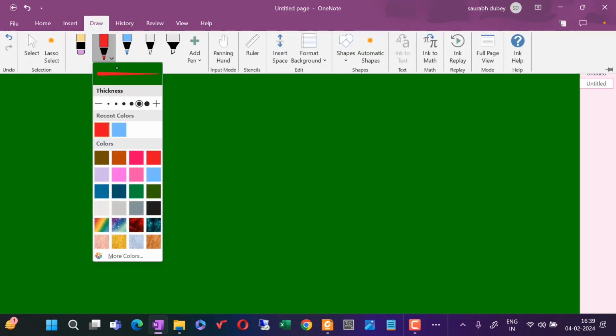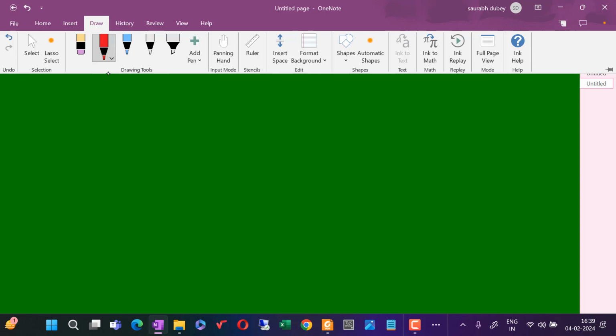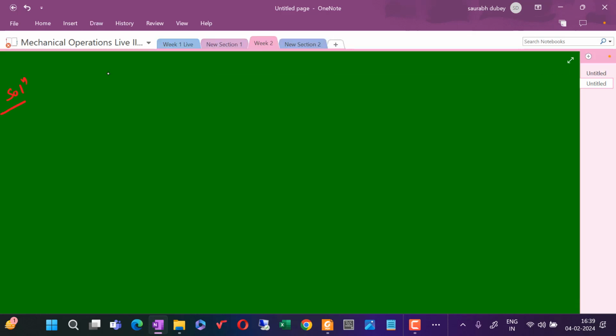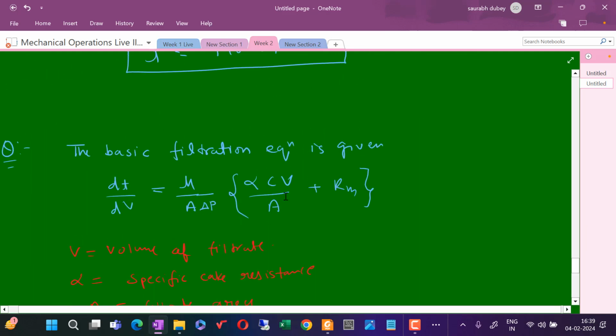So solving it with method 1. Here, dt by dv equals mu upon a delta p times alpha cv divided by a. As Rm equals 0, the other term becomes 0, so only this first term is there.